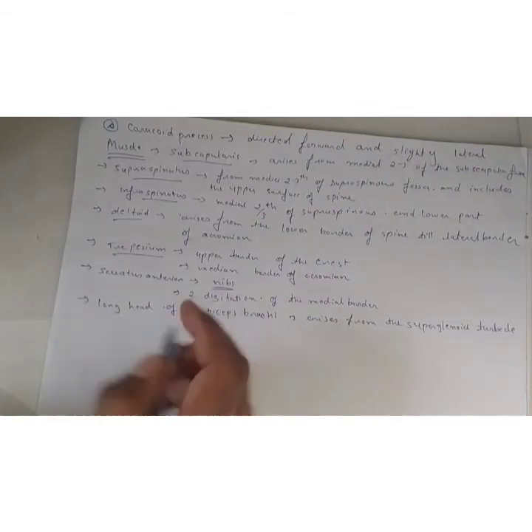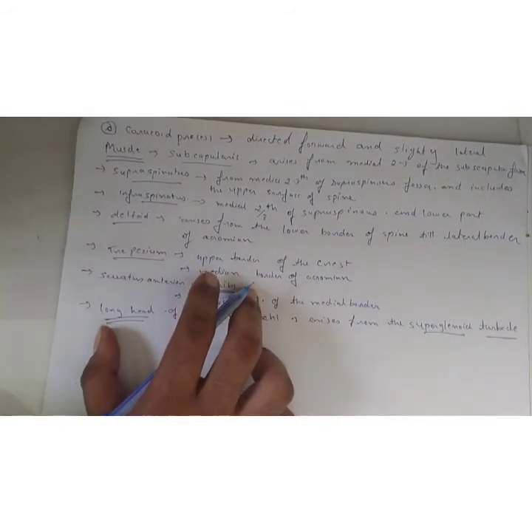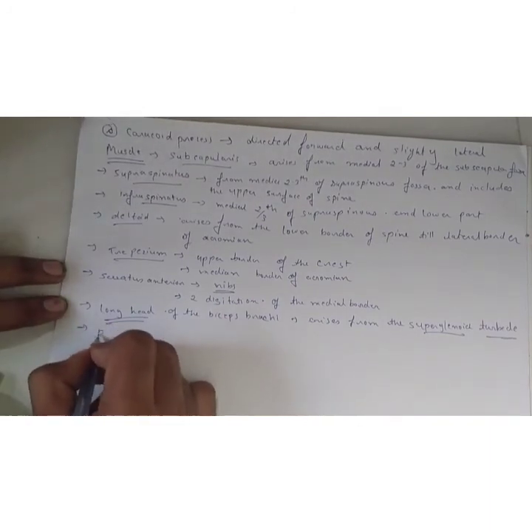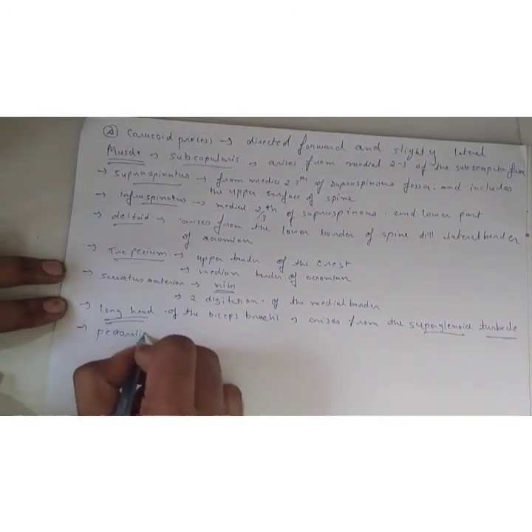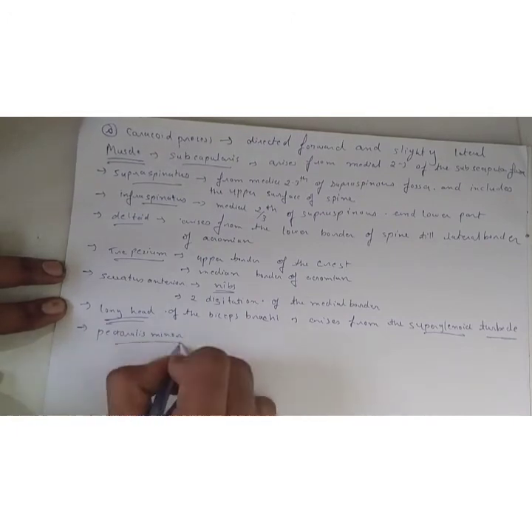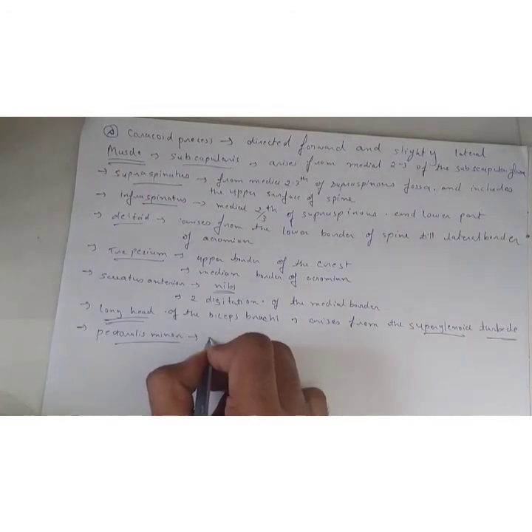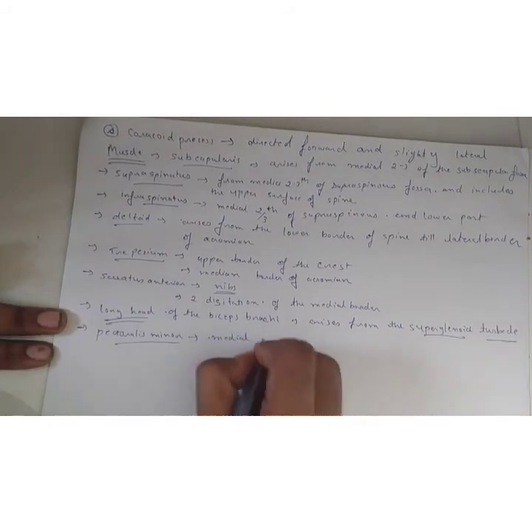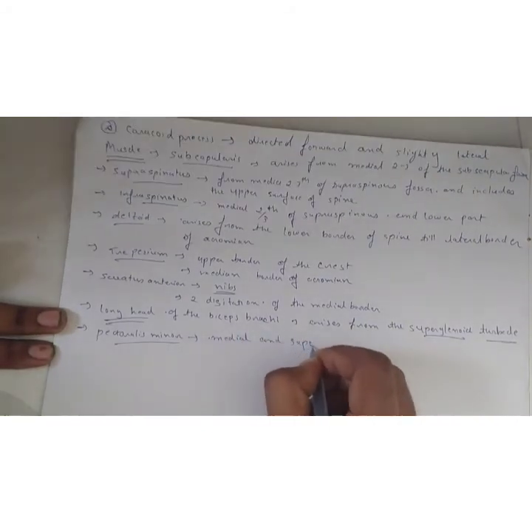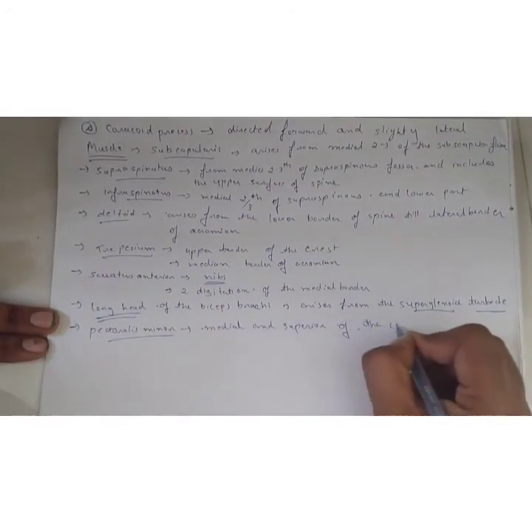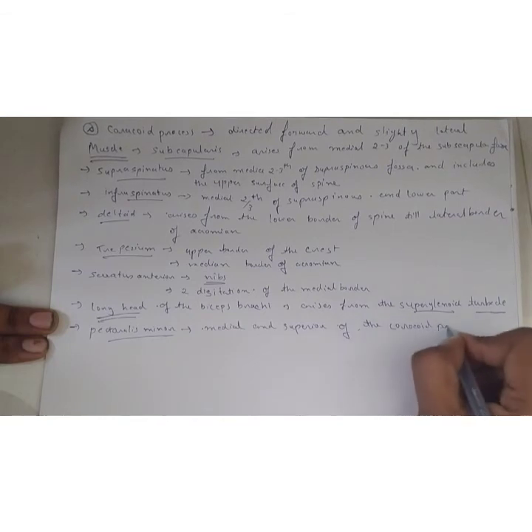Long head is from the supraglenoid tubercle and short head is from the coracoid process. Then comes the pectoralis minor. It is inserted into the medial border and superior surface of the coracoid process.